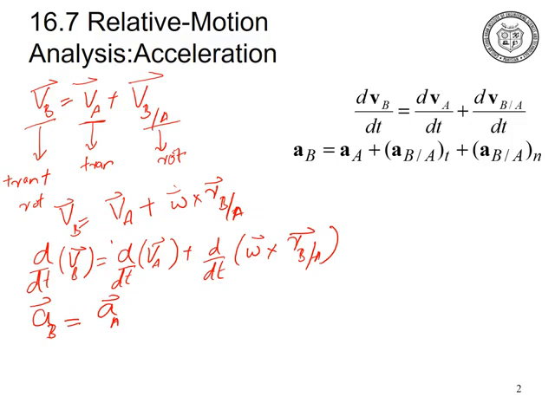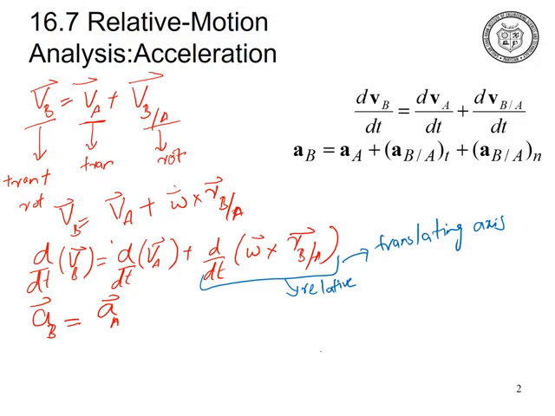This term is because of the relative displacement, because of the translating axis. In the time derivative we have omega and R B with respect to A, so we have to apply the product rule.